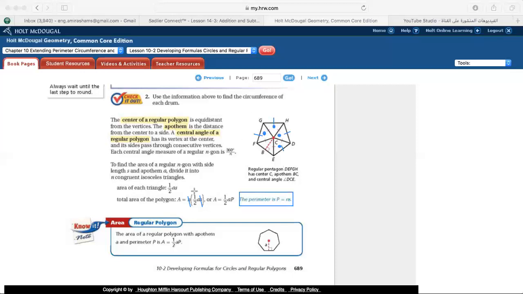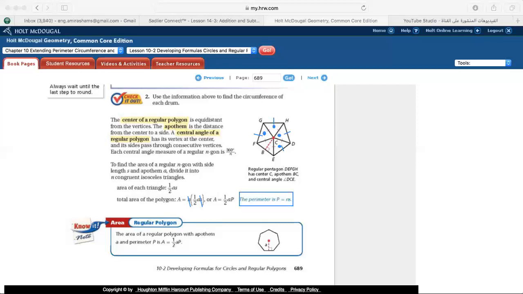So I have here in the formula N and I have S. N and S together, I will remove them and replace them by the perimeter. So I got a new formula for the area, which is half AP, half the apothem multiplied by the perimeter.